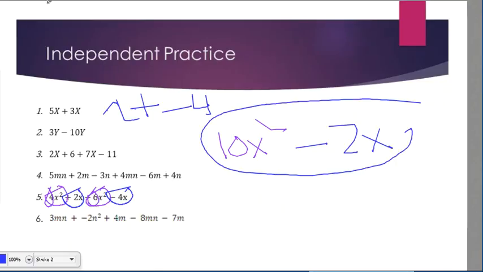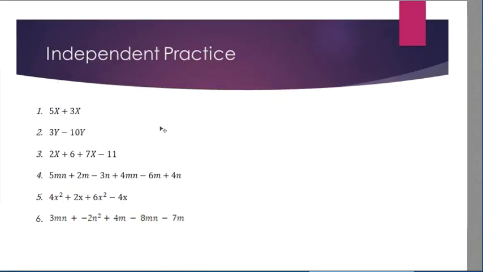Okay, last one. We have 3mn. We have a minus sign in front of this 8mn. So when we combine these like terms, we're going to add the 3 and the negative 8.